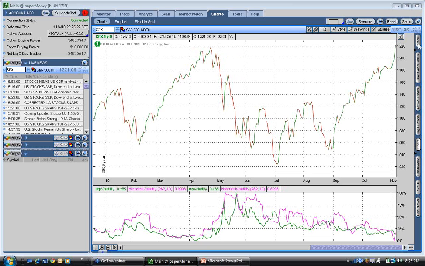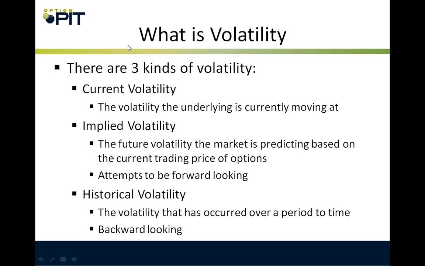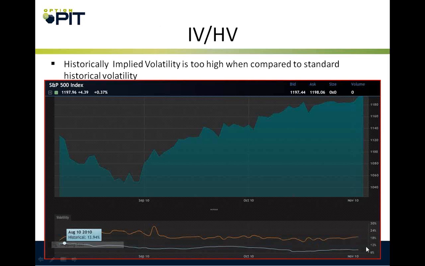I look at implied volatility a lot. I don't look at historical vol that much. I do care a little bit. You can see historically, this is interesting, implied volatility is too high when compared to standard historical volatility. Historically it's been 2%, is what we always said, that implied vol is 2% higher than historical volatility.